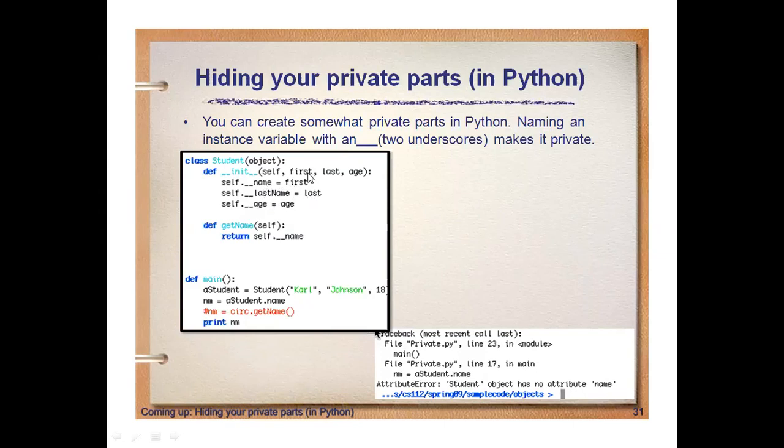Last name is equal to last. Age is equal to age. Now I wish to have another method here, but is this method private? No, because I didn't put any underscores here. This means this can be accessed outside this particular class also.